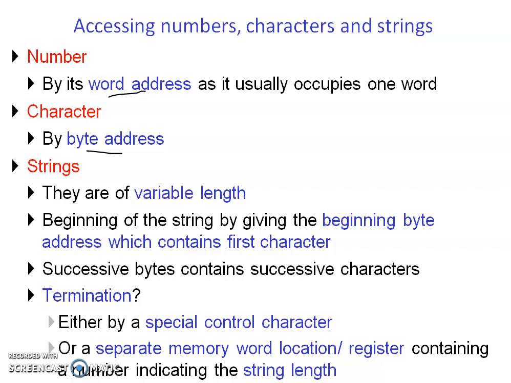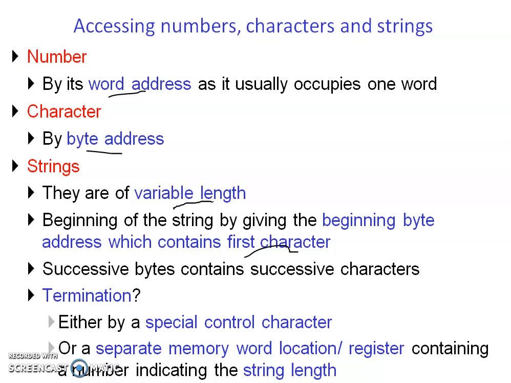In this case, similar to arrays where we are inputting some strings, here also the beginning byte address needs to be mentioned. The beginning byte address will be taken, which will have the first character. Then in consecutive bytes, the next characters will be stored.